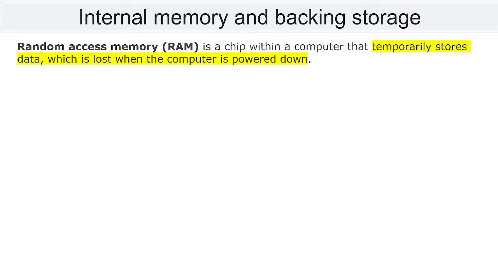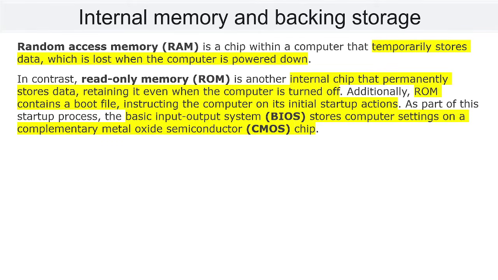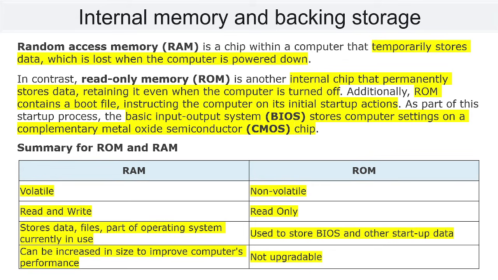Then we have the internal memory and backend storage. Okay. So here we're going to talk in detail about the RAM and then the ROM. Okay. So the RAM is volatile, whilst the ROM is non-volatile. What it simply means is that when power goes out, the information on the RAM will not be saved, whilst on the ROM nothing will be lost.